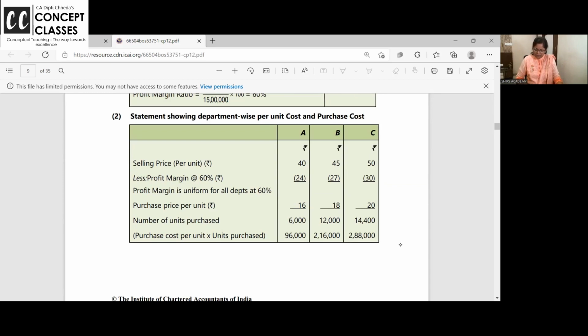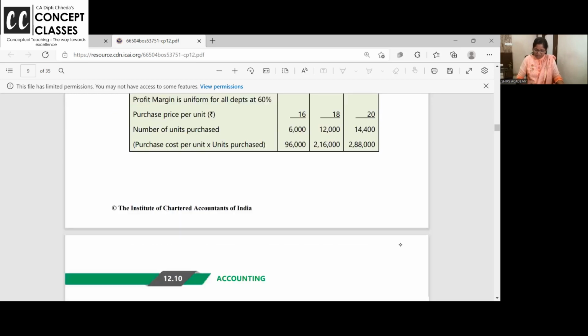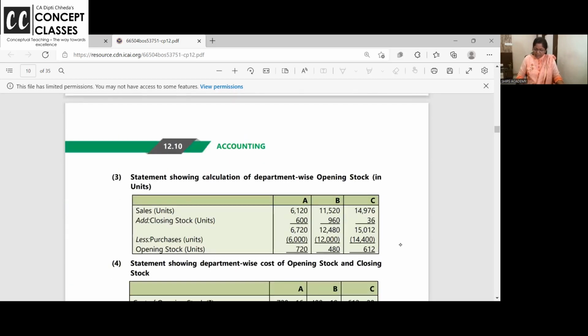Okay? Right. So what is the purchase price? 16, 18, 20. That's what you wanted. The problem is finished. Purchase into number of units gives the purchase cost. And sale units are given. Add closing stock. 6,120 units you have sold. And 600 units are there in stock.